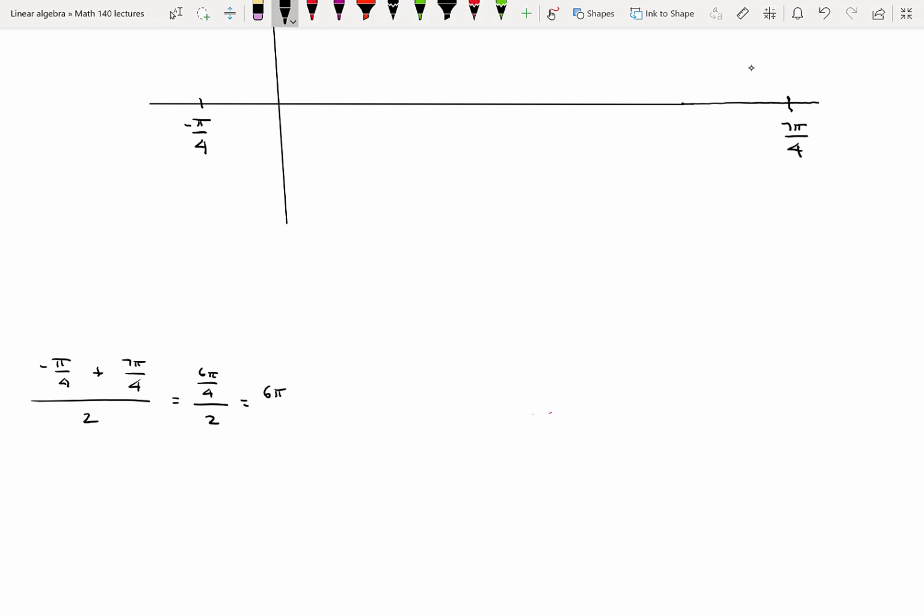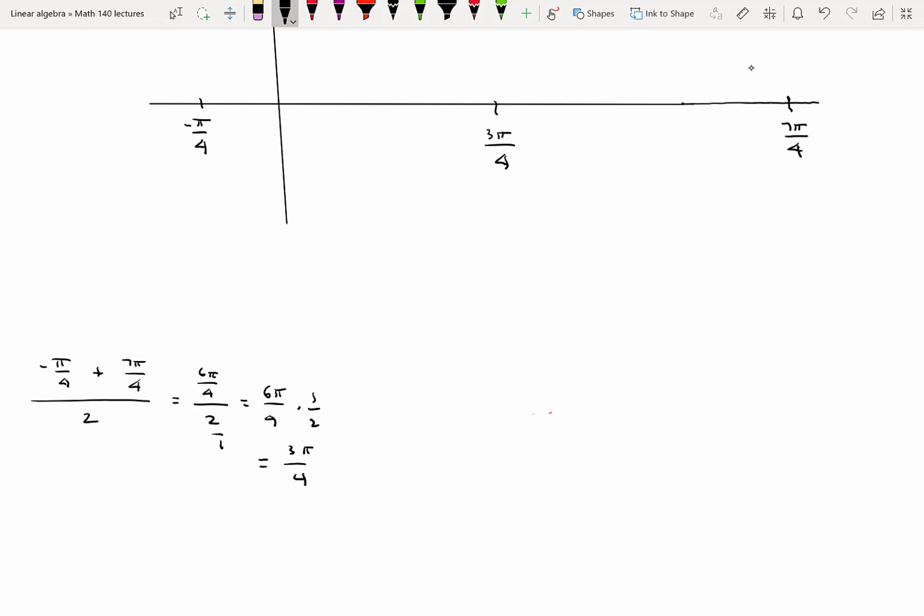If I invert and multiply, it's times 1/2. That's 3 pi over 4. Okay, so the point exactly between negative pi over 4 and 7 pi over 4 is 3 pi over 4. I've got to keep doing this.